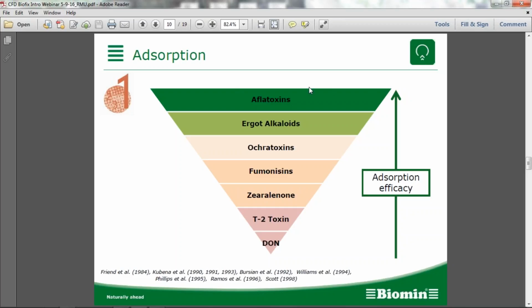So aflatoxins are a class of toxins that actually are bound really well by some of the different binding products, such as the clay and the mineral products I mentioned. Ergot alkaloids are the second best group at being able to be bound. And then we go down to DON and T2 toxin, which are the least likely to be effectively bound by binding products.